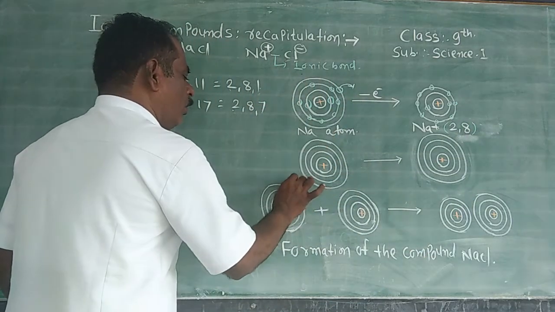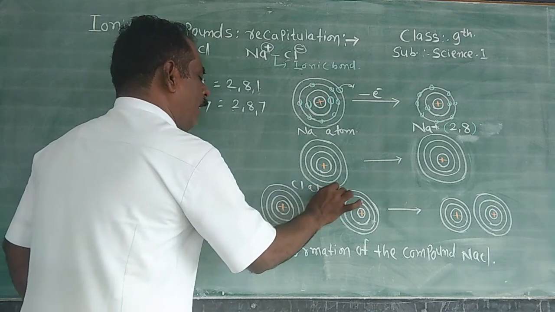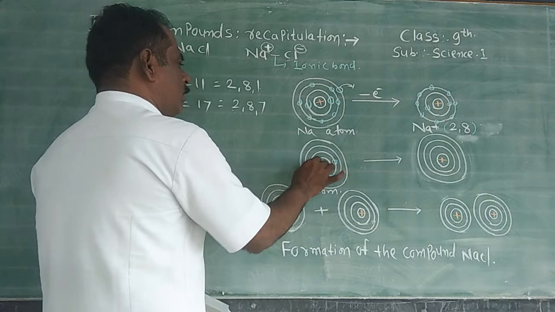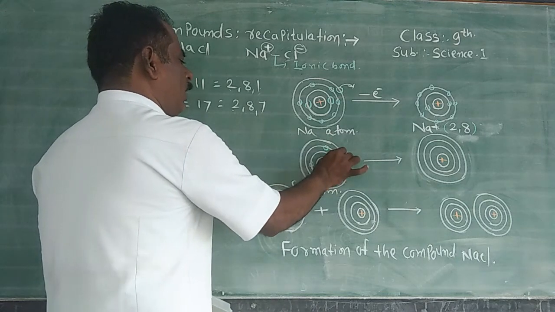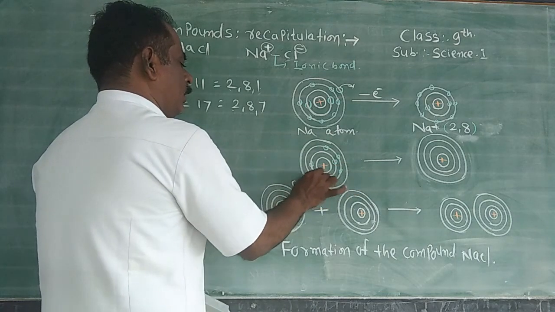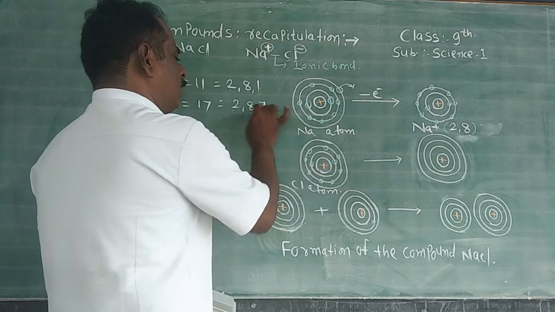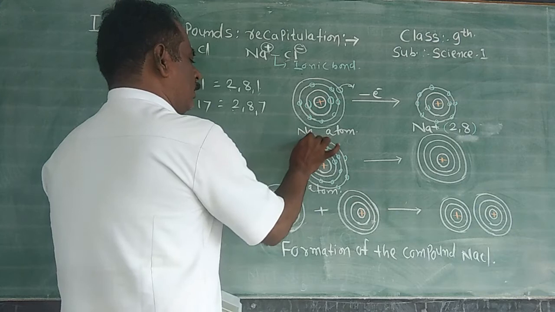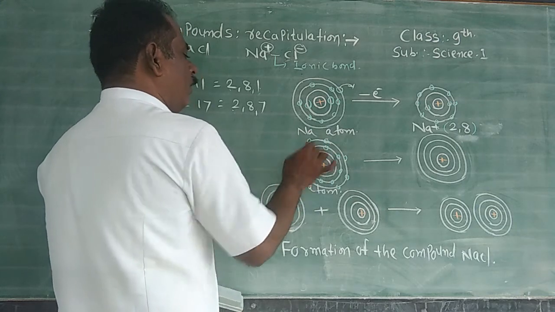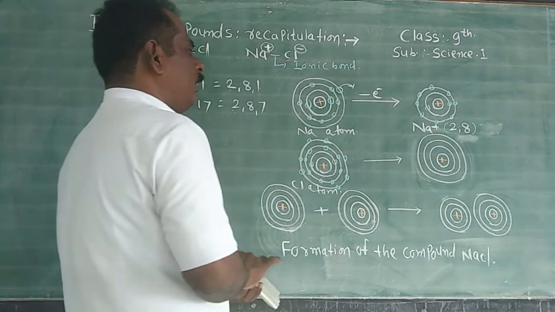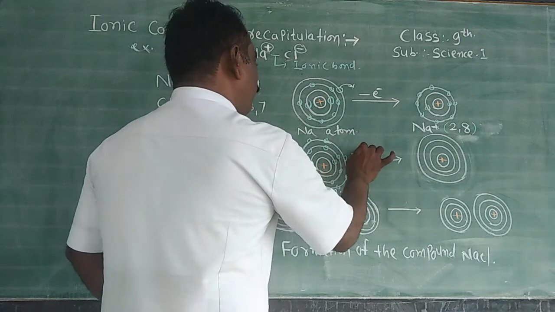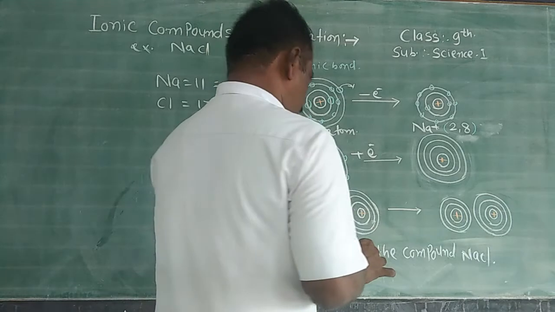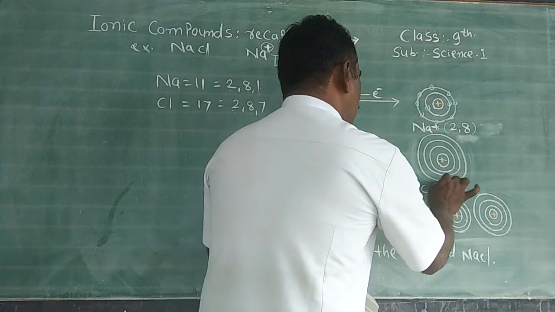In case of the chlorine atom, what happens? The first shell contains 2 electrons, the second shell contains 8 electrons, and the last shell contains 7 electrons. It requires 1 electron for completion of the octet. Therefore, it receives 1 electron from the other atom and forms the Cl negative ion.